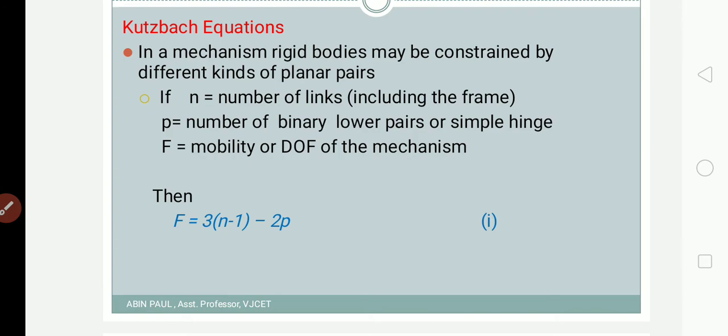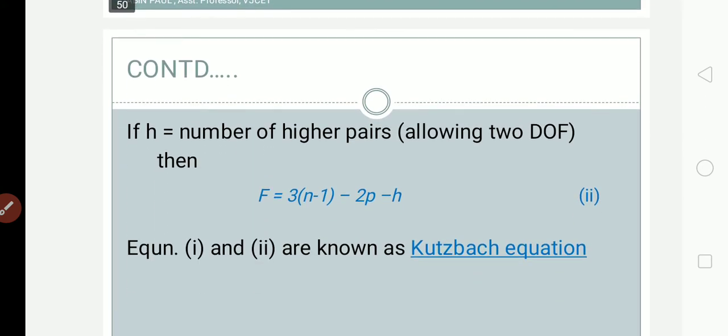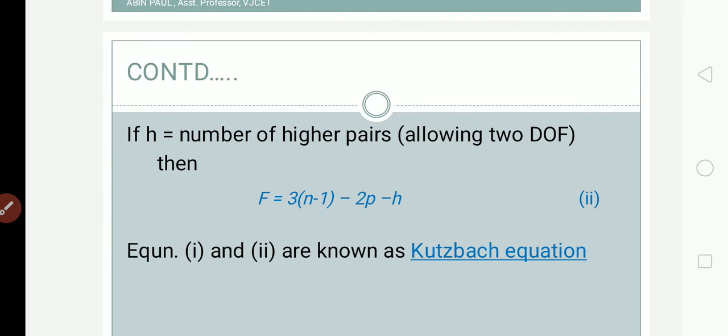That is one equation. Then if the mechanism is having higher pairs also, that means, as I already told you, if two links are forming a pair such that they are having point contact or line contact, like the cam and follower case, the cam and the follower will be having point contact, so that will come under higher pair. So if there are higher pairs also in the mechanism, we have to modify the above equation.